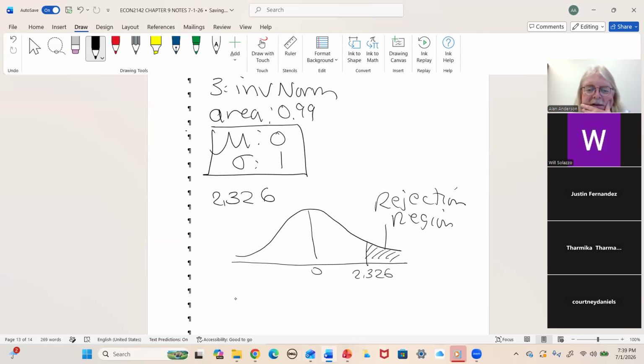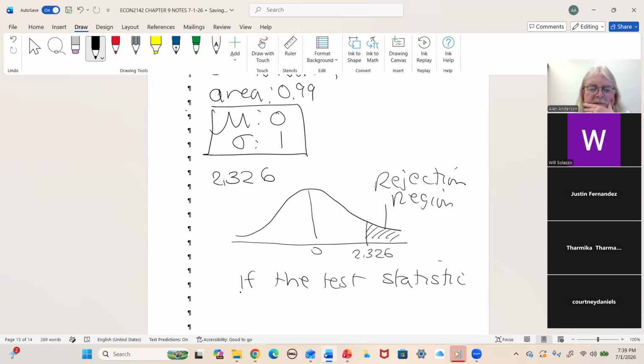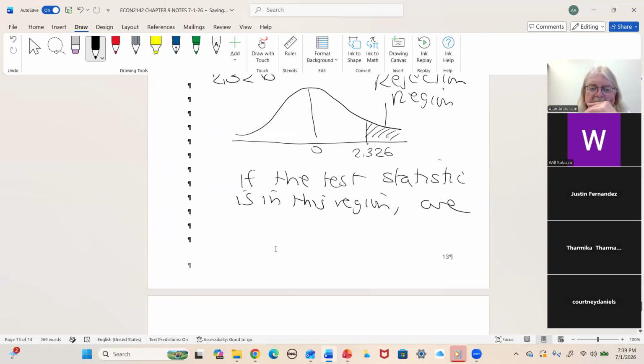If our test statistic is in this region because it's so large, we reject the null hypothesis and accept the alternative. All right. So that's the cutoff point between rejecting and not rejecting.